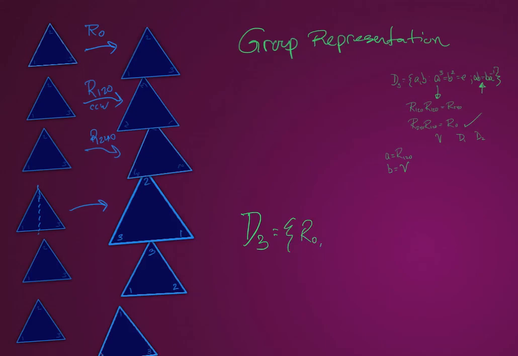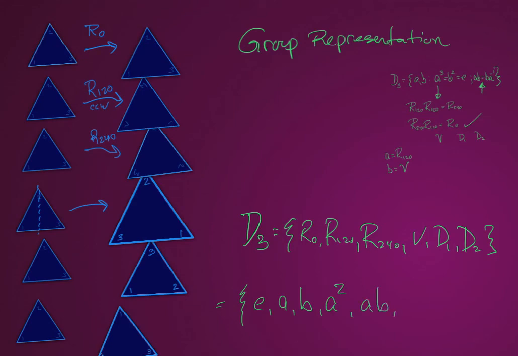So what this tells us is that when we found D3, which we knew was R sub 0, R sub 120, R sub 240, V, D1, and D2, to be generated by these generators A and B, we can now write the set as E, the identity, A, B, A squared, A times B, and A squared B. And so this Cayley table that we've seen before, we can actually rewrite it now just simply in terms of those elements.